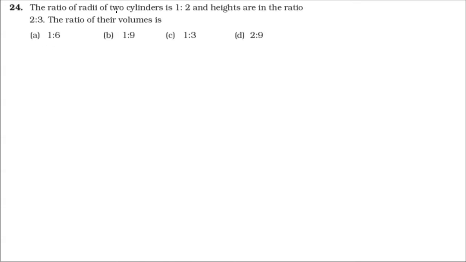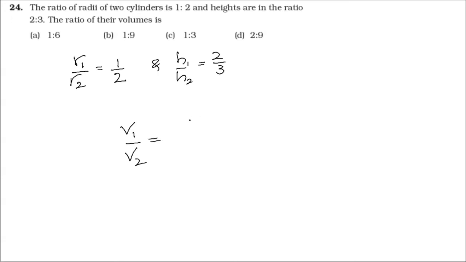As per the given question, the ratio of the radii R1 by R2 will be 1/2, and their heights ratio H1 by H2 is 2/3. This is what is given to us. They have asked us to find out the ratio of their volumes V1 by V2.